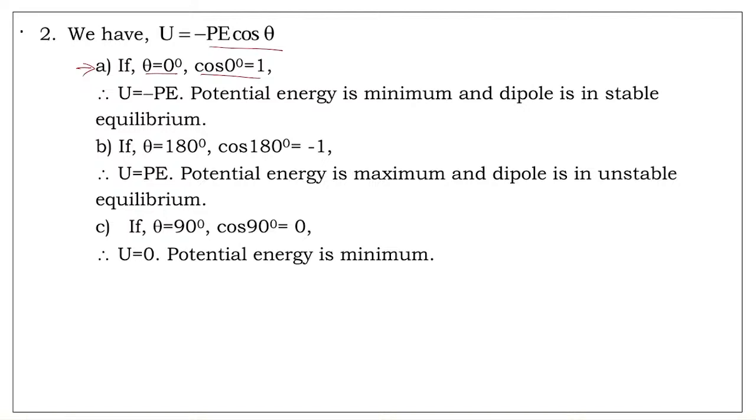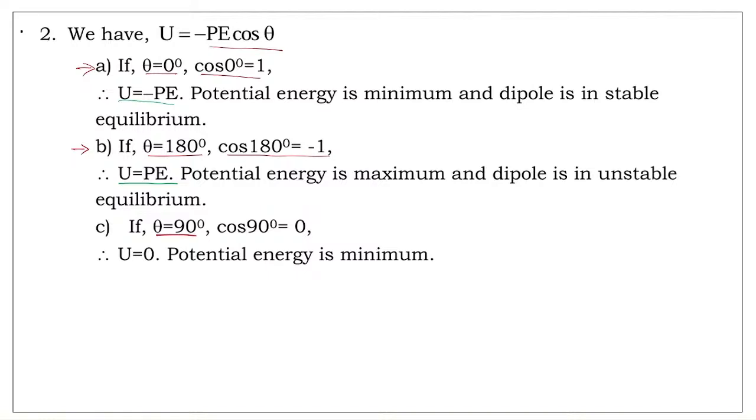Then, U is equal to minus PE. Potential energy is minimum and dipole is in stable equilibrium. B. If theta is equal to 180 degree, cos 180 degree is equal to minus 1. Then, U is equal to PE. Potential energy is maximum and dipole is in unstable equilibrium.